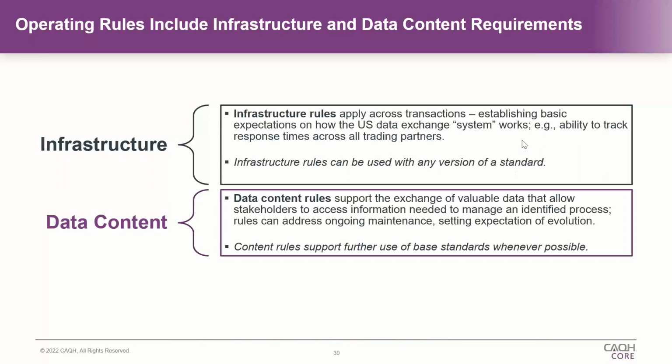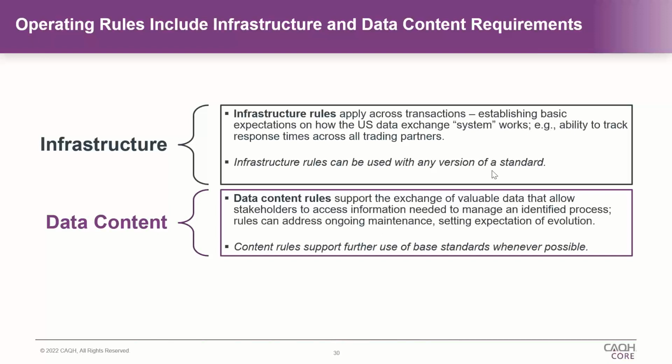Infrastructure rules can apply across transactions. They really establish basic expectations on how the data exchange system works. So if you think about things like response time and connectivity, these requirements could be used with any version of a standard and could even apply across different standards for similar functions.